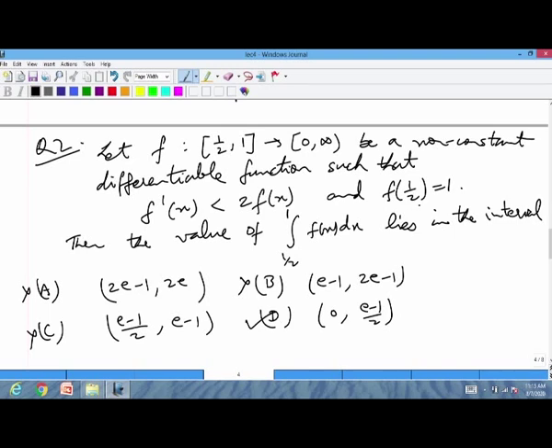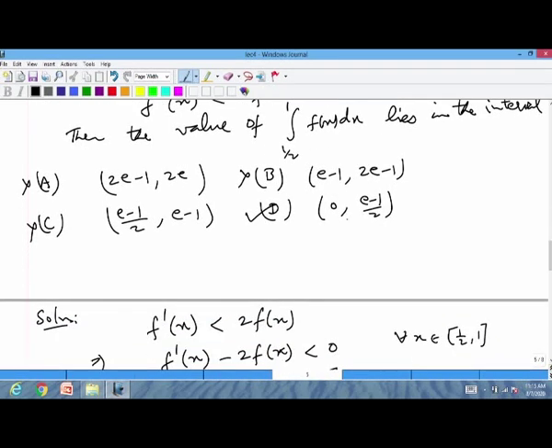We can take f(x) equal to 1 for all x in this interval, that satisfies f prime x will be 0, which is less than 2 times f(x), and in that case this integral, because f(x) is equal to 1, is simply equal to half, and half clearly lies between 0 and (e minus 1)/2. So, one can easily get that option D is correct.